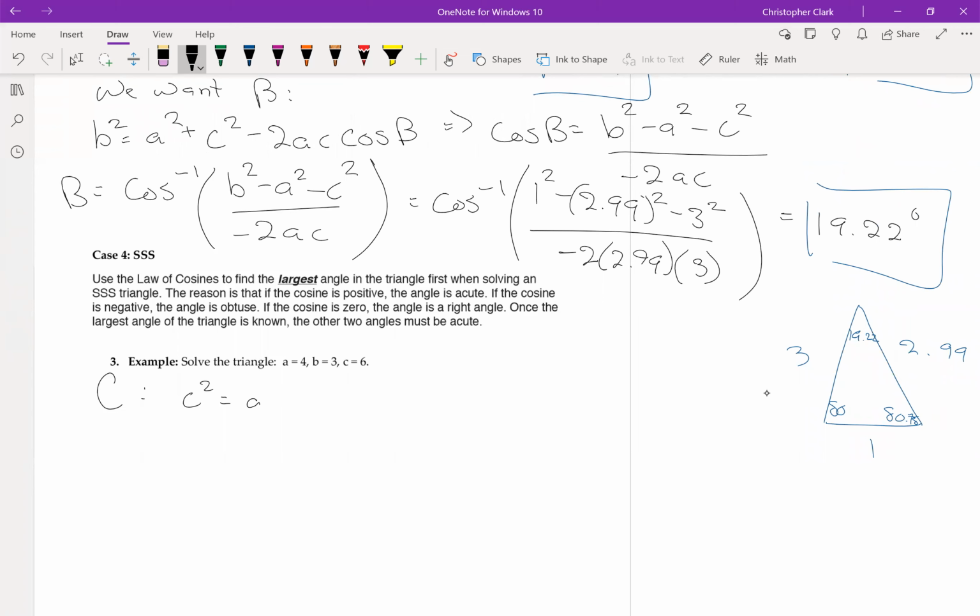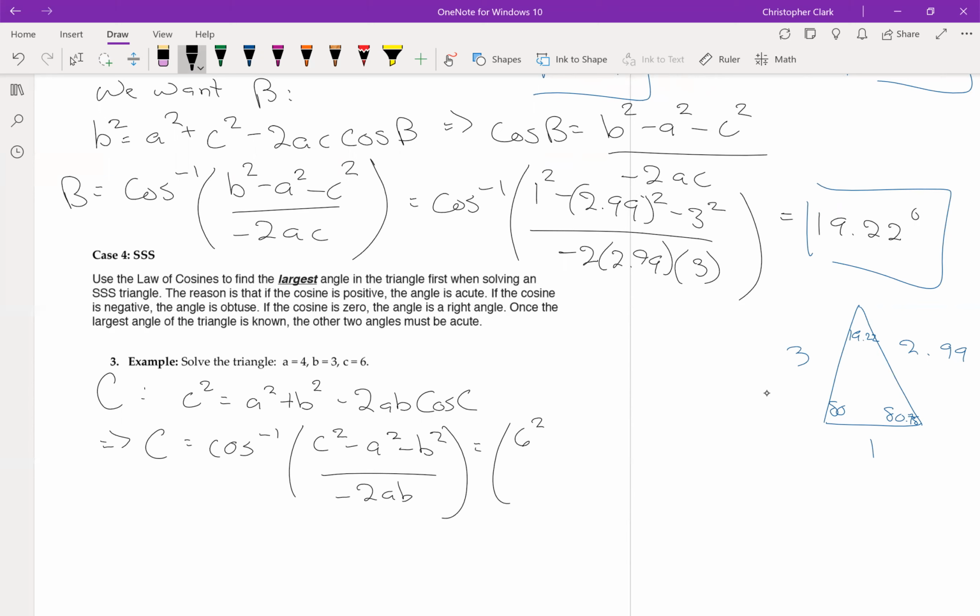minus 2AB cosine C. All right, so we can now solve for cosine C, and you end up getting, or we'll just solve for C, is cosine inverse of C squared minus A squared minus B squared over negative 2AB equals 6 squared minus 4 squared minus 3 squared over negative 2 times 4 times 3.